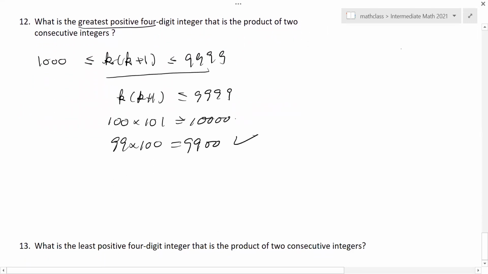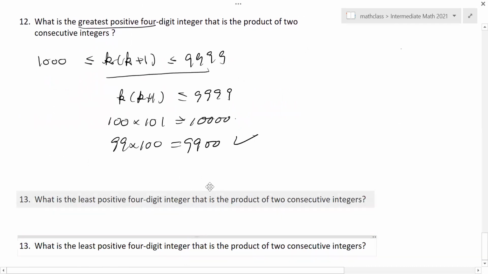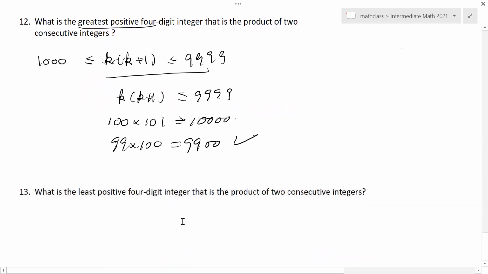Okay. Similarly, you can find the least positive 4-digit number that is a product of two consecutive integers. So how do you do that? Well, then you go to the other side. You only need to focus on this side.